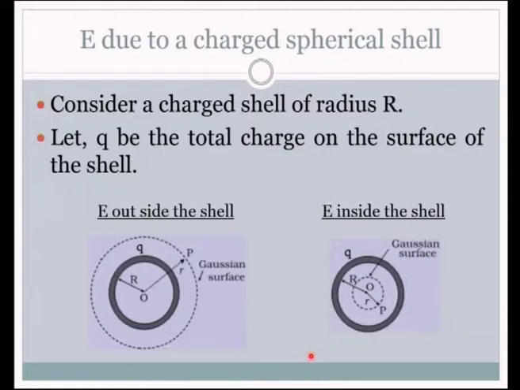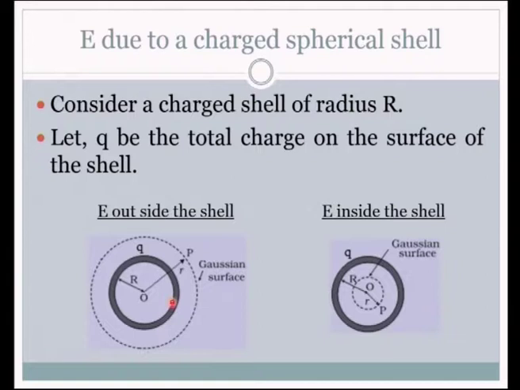So, let us move on to the next case of electric field due to a charged shell. We will start our discussion like this. Consider a charged shell of radius capital R. Let Q be the total charge on the surface of the shell, and here the one which is shown as a dark line is the actual shell on which the charges are appearing.